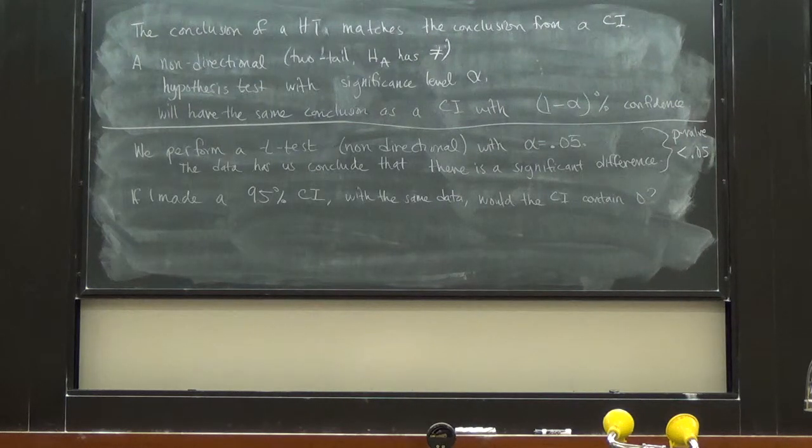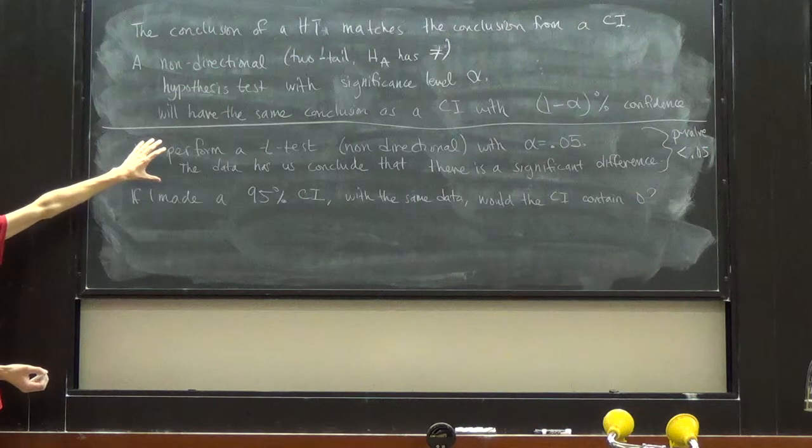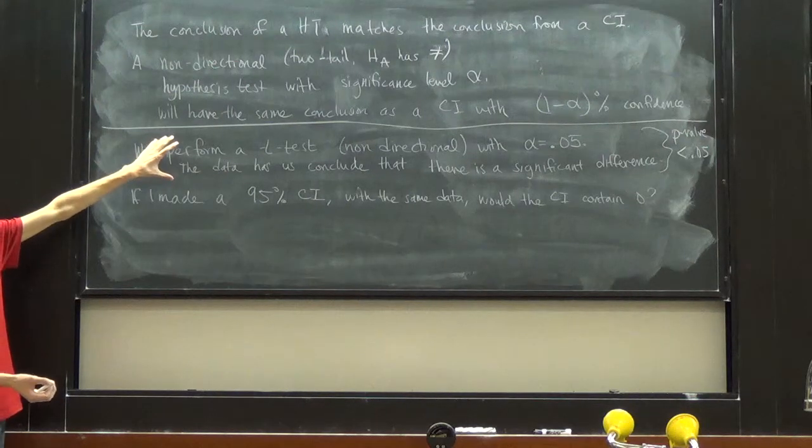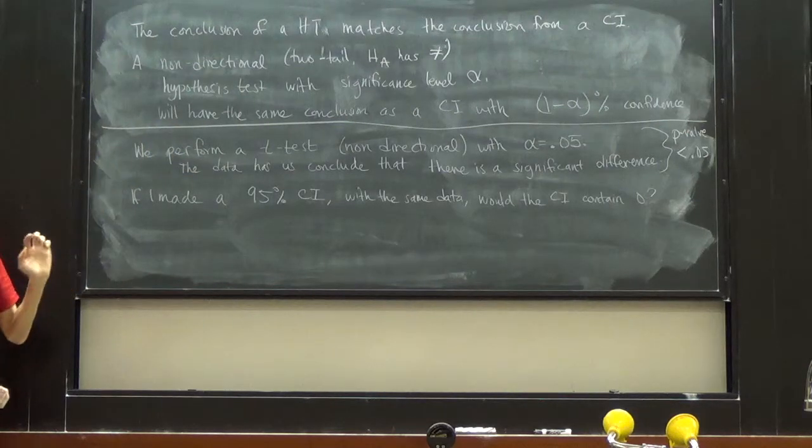Yeah? No? Think about it, don't shout out your answer. So this part remains the same: we're performing a non-directional t-test with alpha equal to 0.05, and the data leads us to conclude that there is a significant difference.